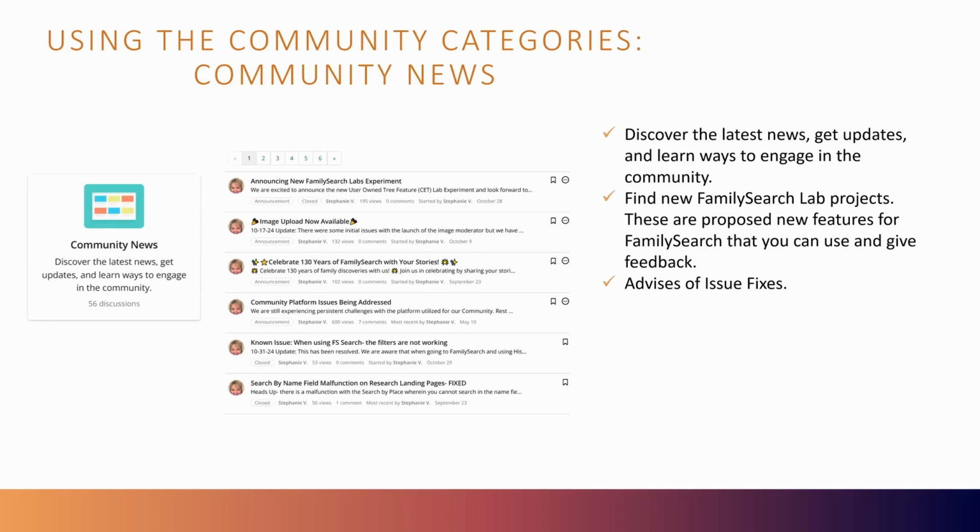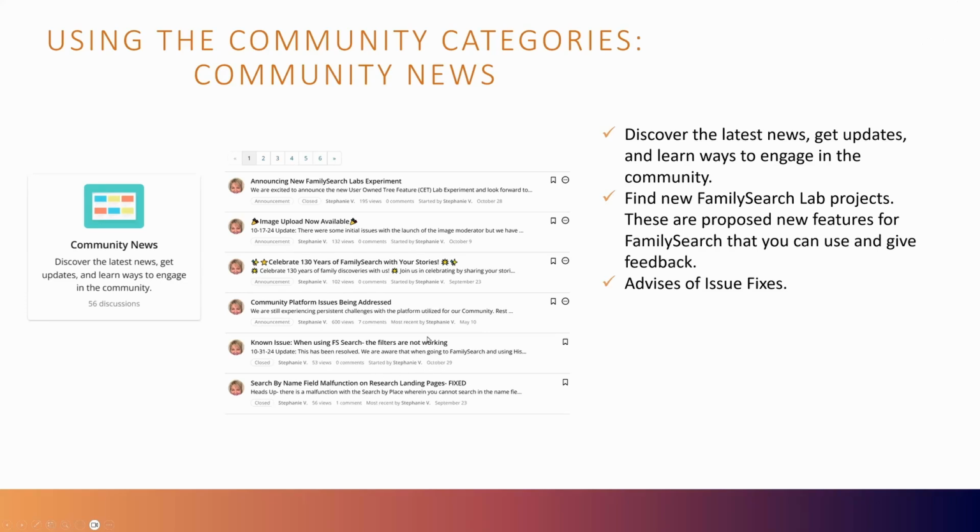It also tells you if there are fixes, because a lot of times, on a program this huge, which FamilySearch is very, very large, things are always kind of breaking down or something will happen and there's an issue. For example, on this one, you can see the community platform issues being addressed right here. This has mostly been addressed at this point.